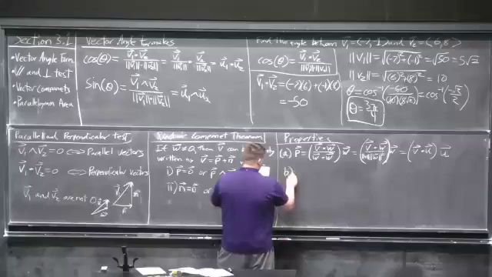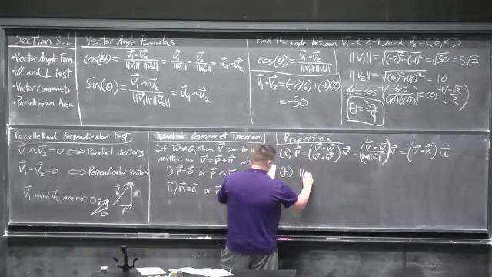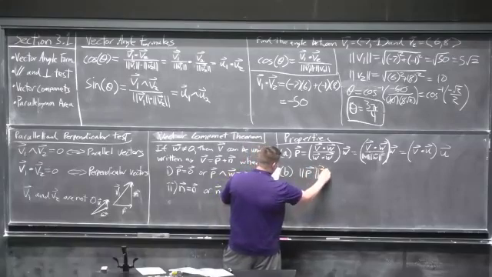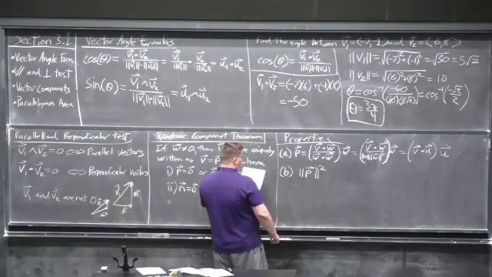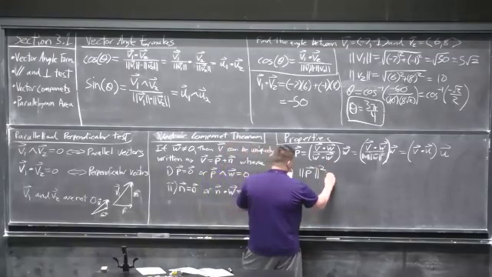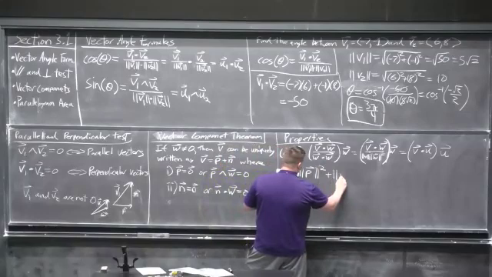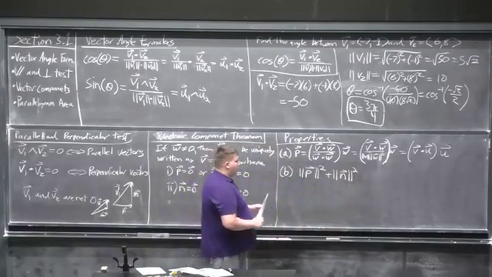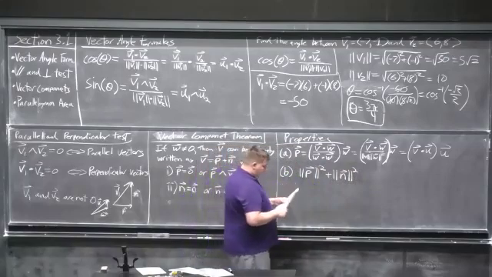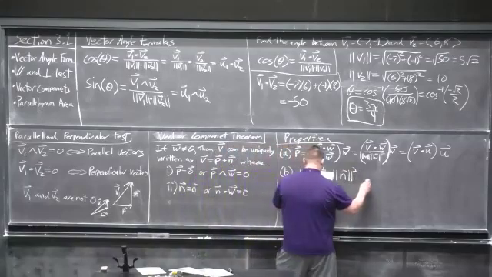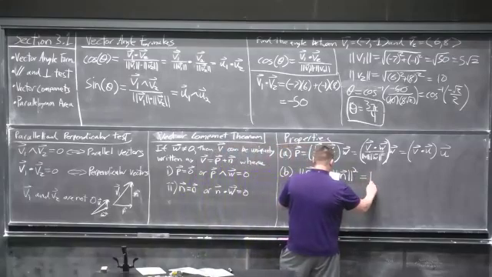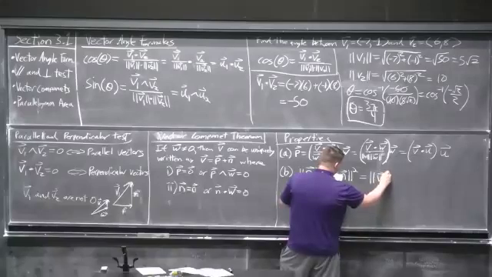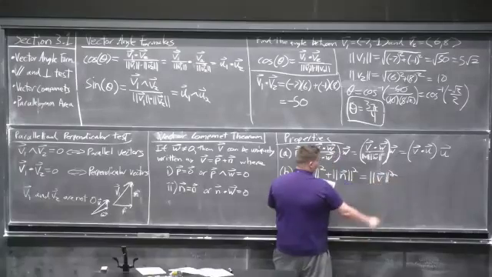We also have property B, which is: we take the magnitude of a parallel vector plus the magnitude of a perpendicular vector. Well, we square them and add, and this is equal to the magnitude of v squared.